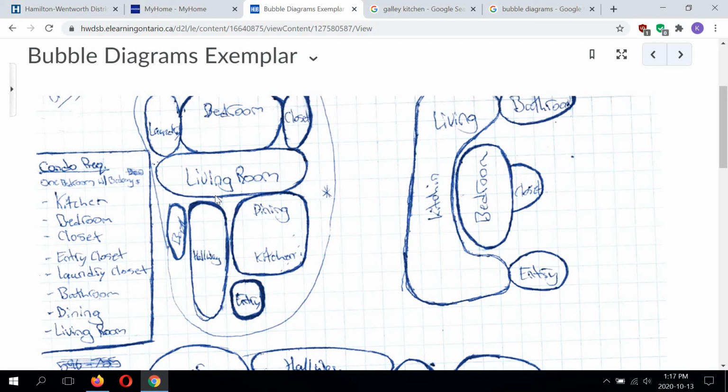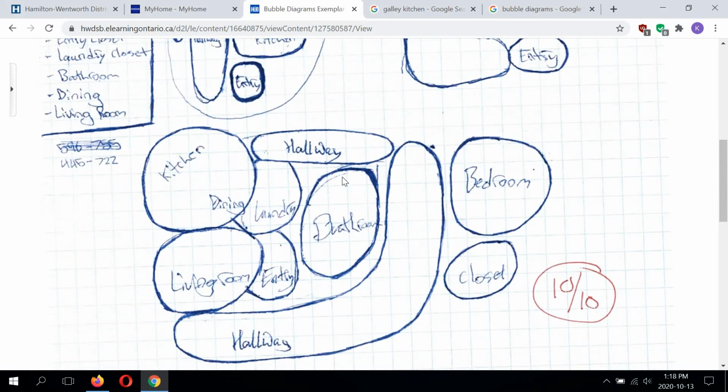The large bubbles would typically be your sitting room and your storage room. But again, it's up to you how large you want to make that storage room. It's up to you how large you want to make that sitting room. I would really keep the bathroom small, and I would really keep the galley kitchen a long narrow bubble. So I said it too many times, but I just want to kind of help get the point across.